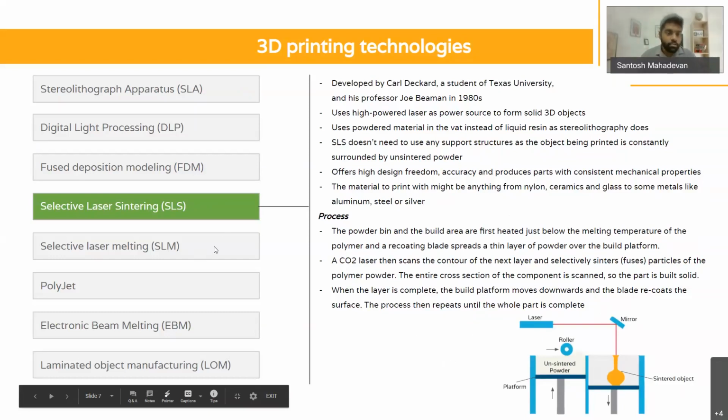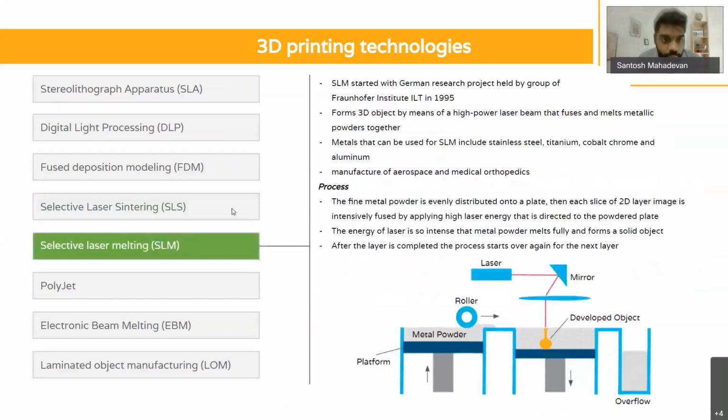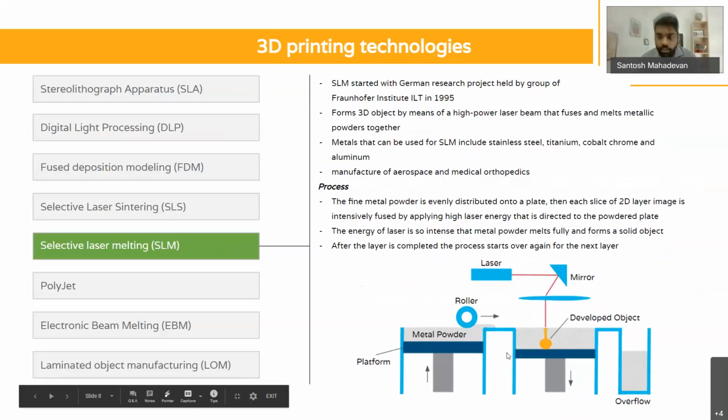Okay, so next we will move to SLM. SLM is very similar to SLS, so I will run through it quickly because I've explained how the SLS method works. Even in this method, you have a build platform and a reservoir platform, but SLM is used only for metal powders.